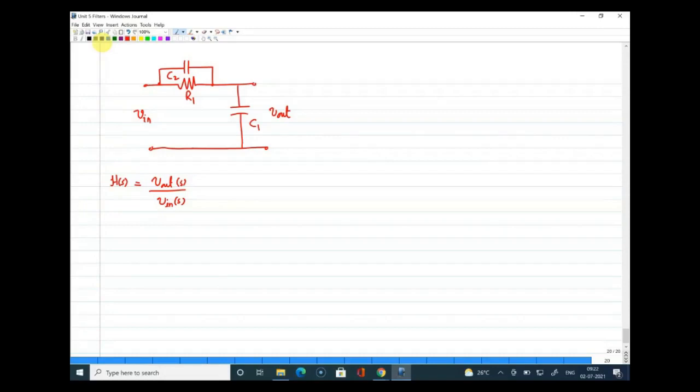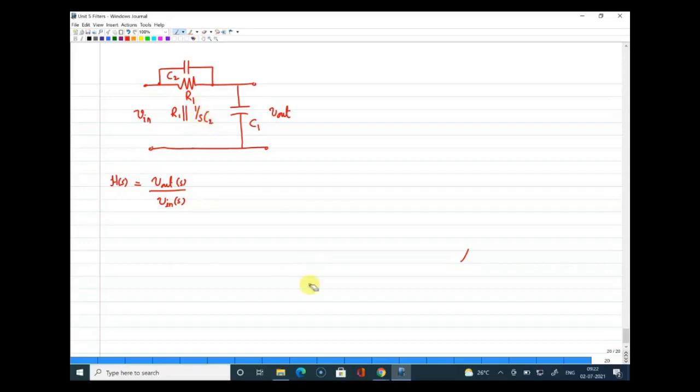So how will you write this? It is the same as the simple low pass filter. You can think of R1 and C2 as being in parallel, so a single impedance of R1 parallel to 1 by SC2.